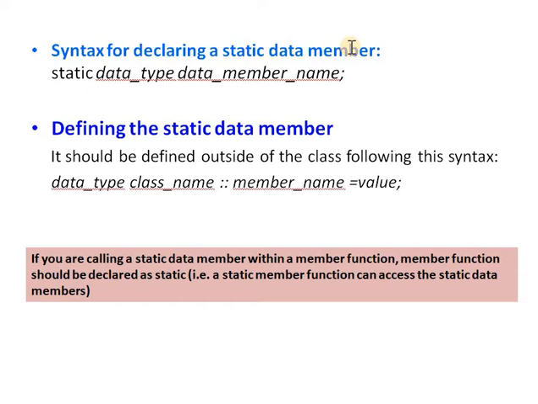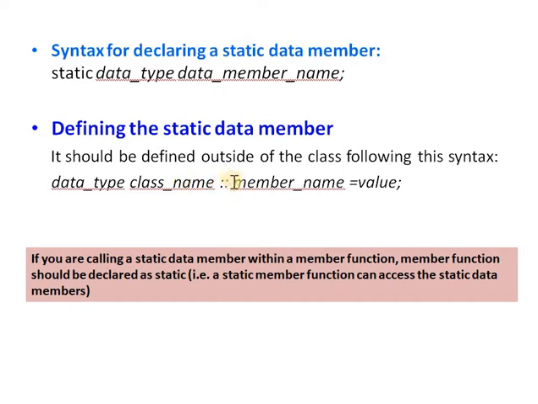Then we will see the syntax for defining the static data member. The static data member should be defined outside of the class. Use this syntax. First, specify the data type. After the data type, specify the respective class name for that member or variable.